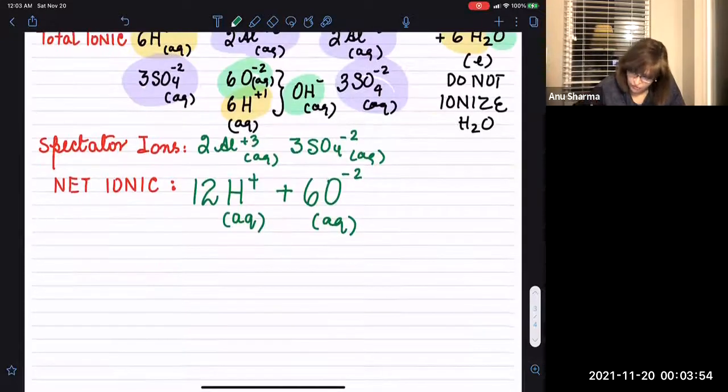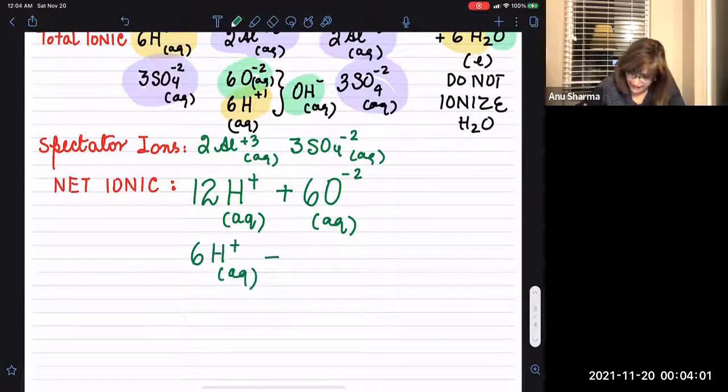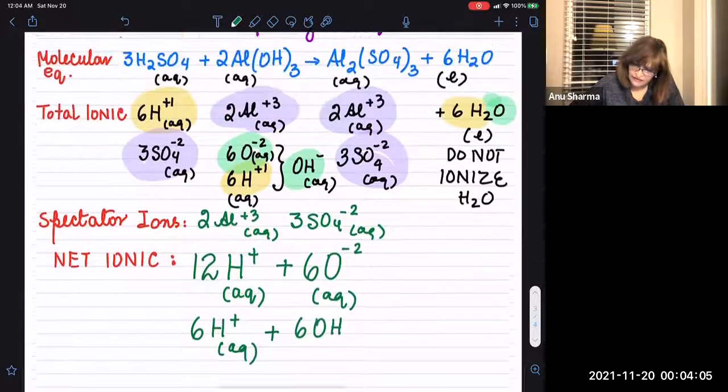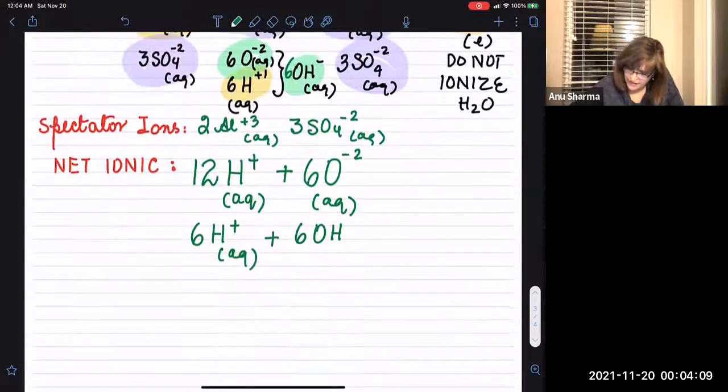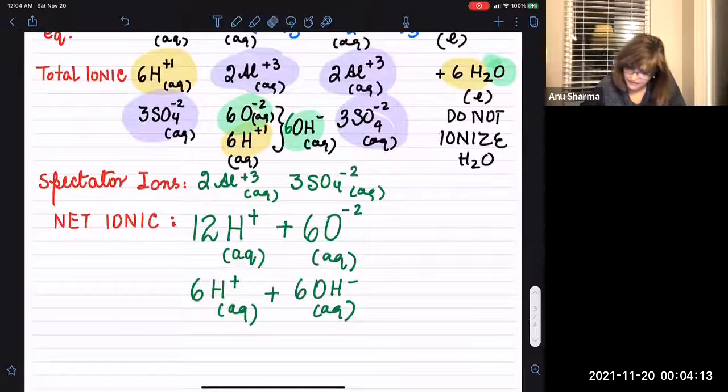Or you can also look at it as 6 hydrogen ions, aqueous, combining with 6 OH ions, aqueous.